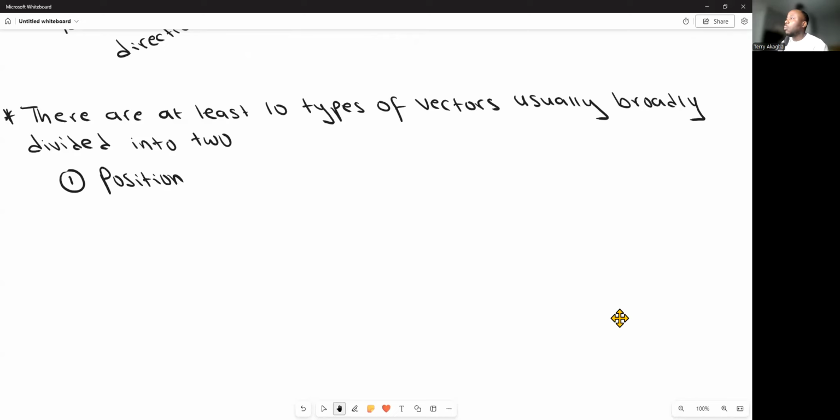Now, for the position vector, okay, the position vector represents the position of a point in space relative to a predefined set of coordinates, okay? So that is the position vector. While a location vector is when the magnitude and direction of that position vector can be changed relative to other bodies.